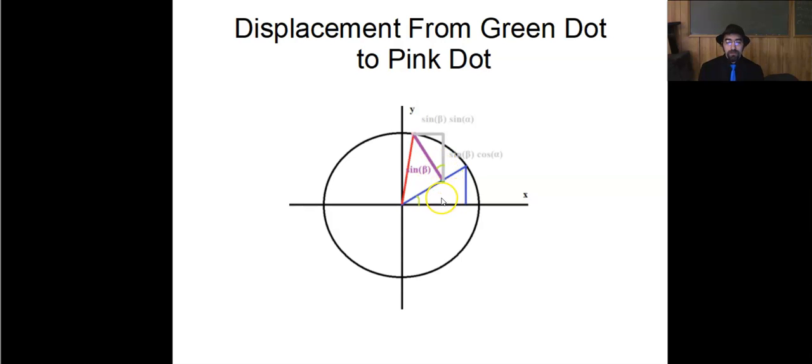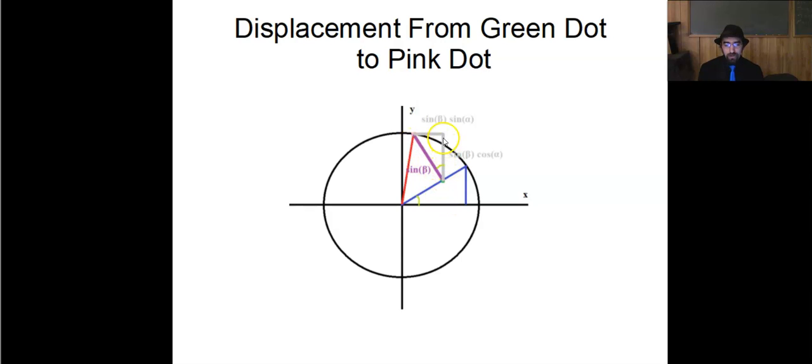You can visualize that by just rotating everything over. For this to be a 90-degree angle, these two angles have to be the same size. And this purple line segment, if this red radius is still a 1, and this is angle beta here, then this purple line segment has to be sine beta.